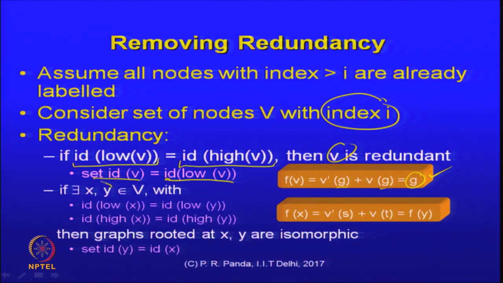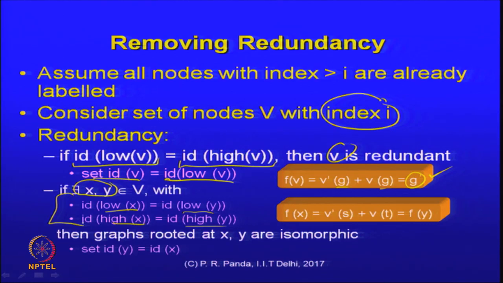So, if you find a pair of them in which the low of x is the same as low of y and the high of x is the same as high of y, the same as means we are just comparing the label numbers. These are integer labels that we are assigning, and remember, a new number is assigned if a new function is arrived at. So, if I can find this, what does this mean?